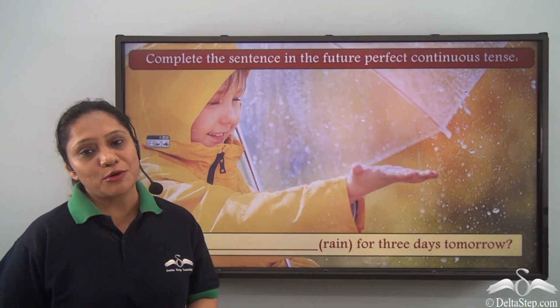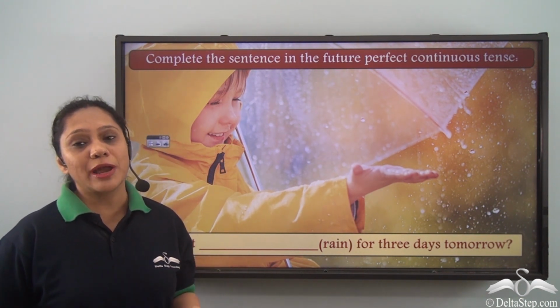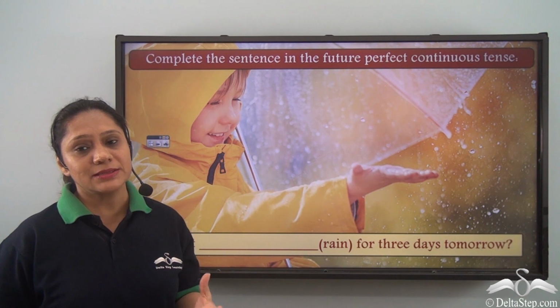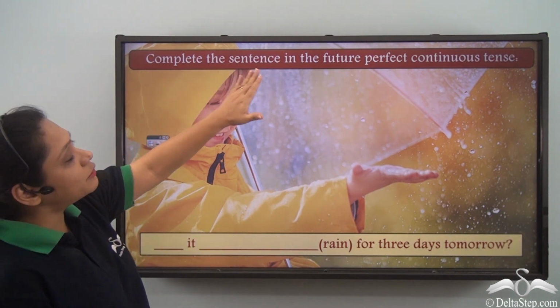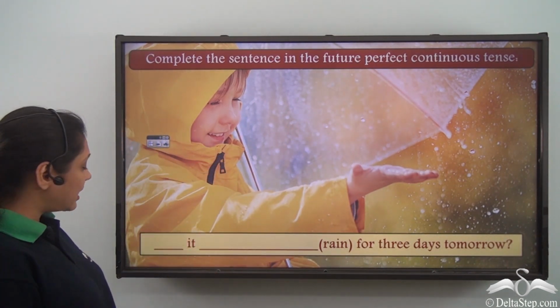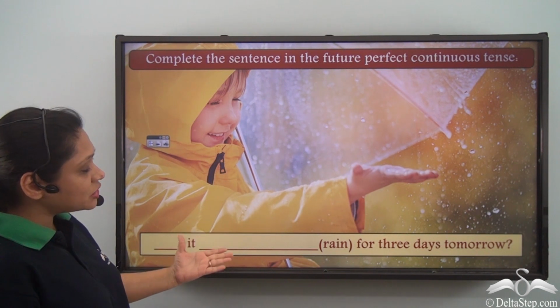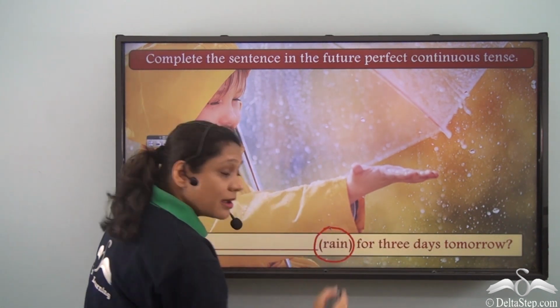So now that we know the various forms of interrogative sentences portraying the perfect continuous tense, let us do this exercise. Complete the sentence in the future perfect continuous tense. The sentence given to us is dash it dash for 3 days tomorrow, and the verb given to us is rain.